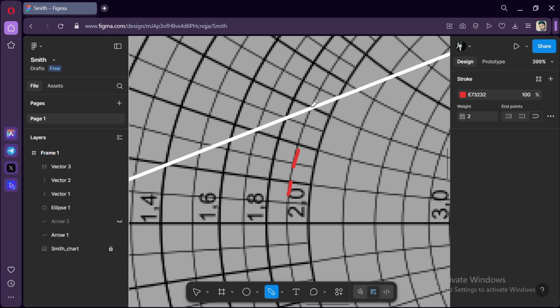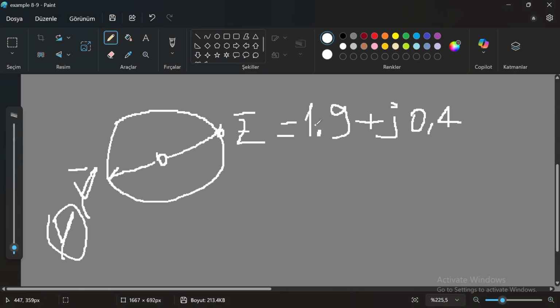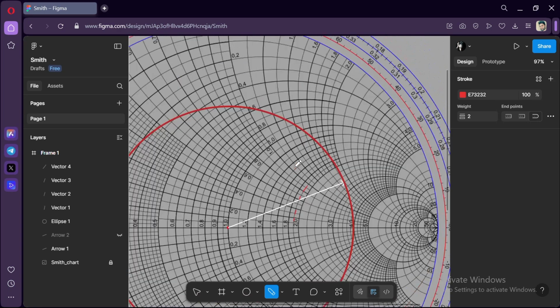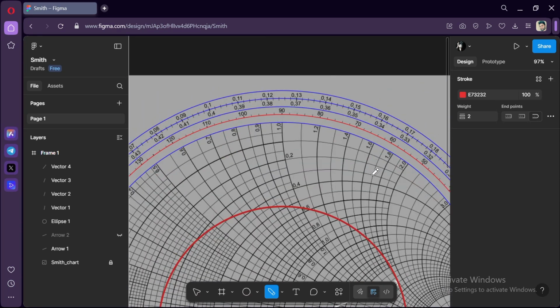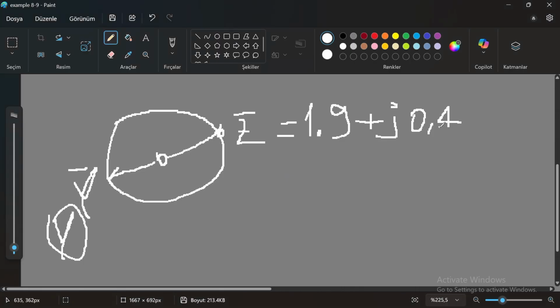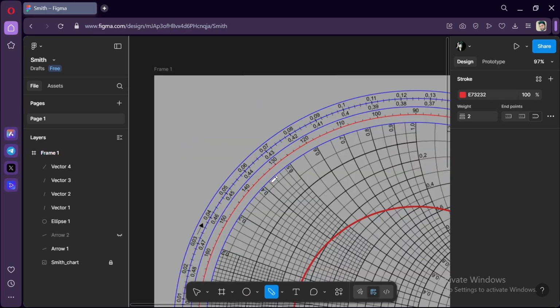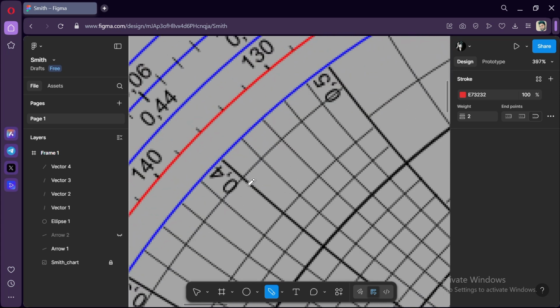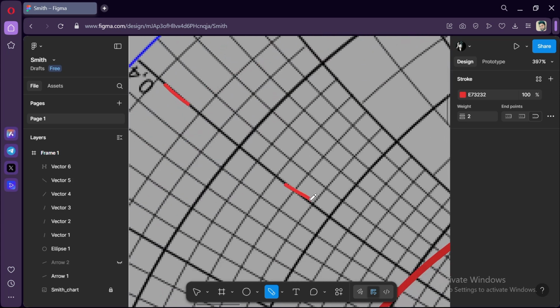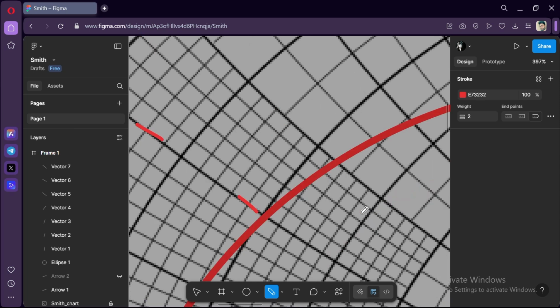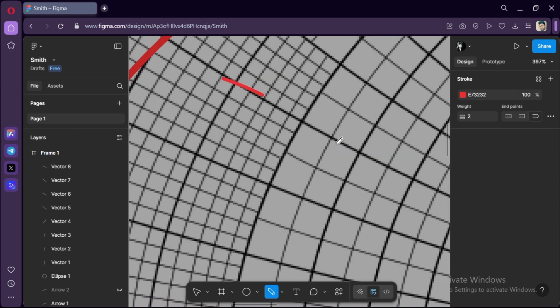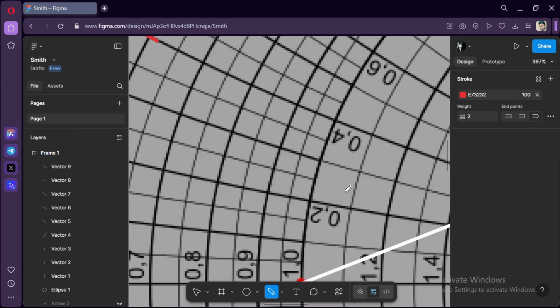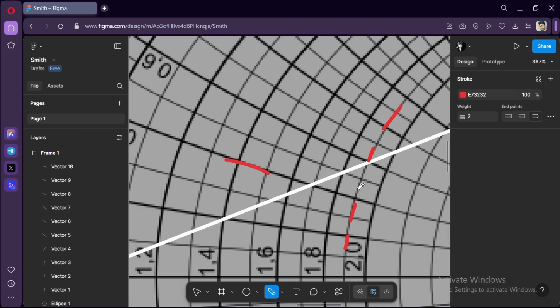Going up because the imaginary part is plus j, so we use the upper side of the Smith chart. Then 0.4. The intersection point will be our normalized Z impedance.